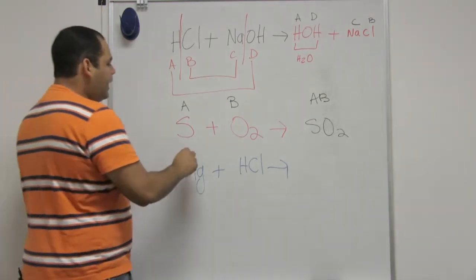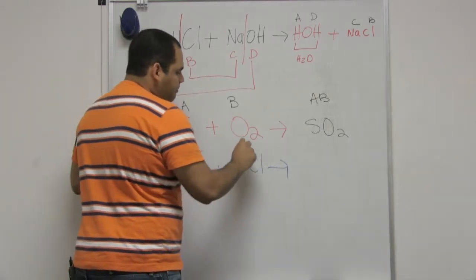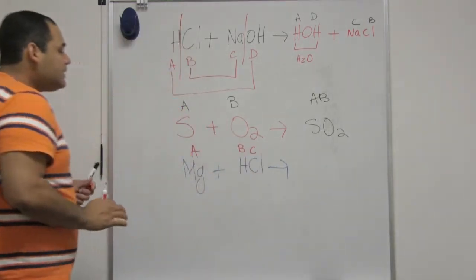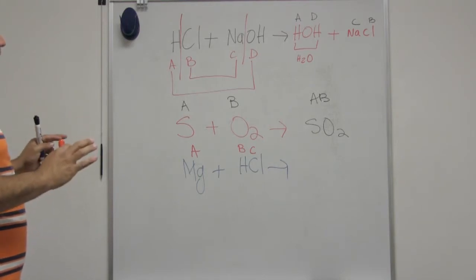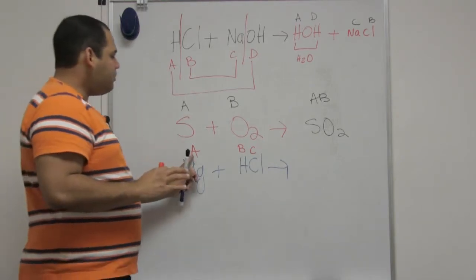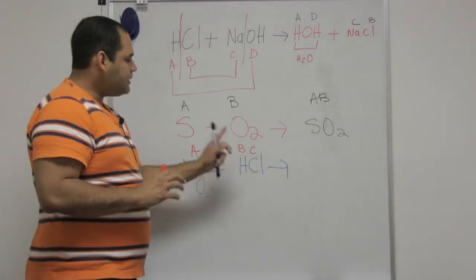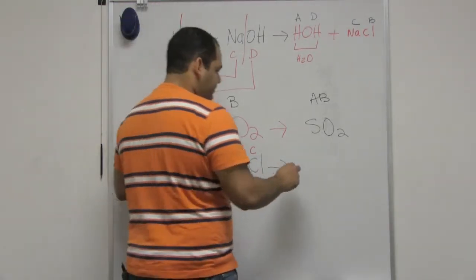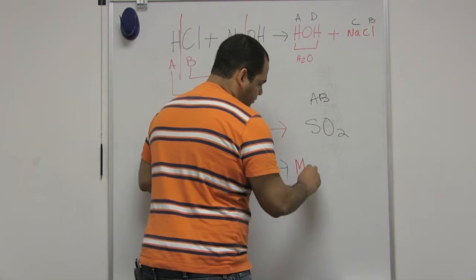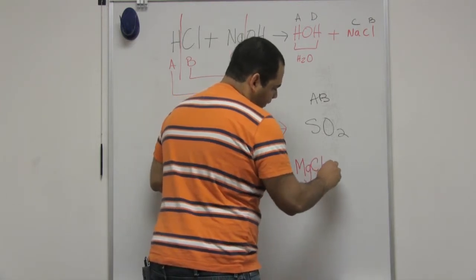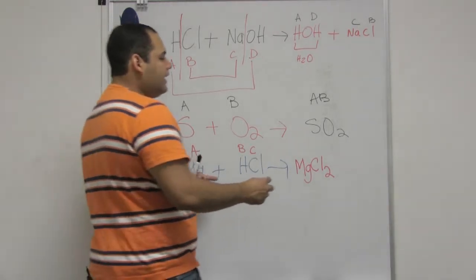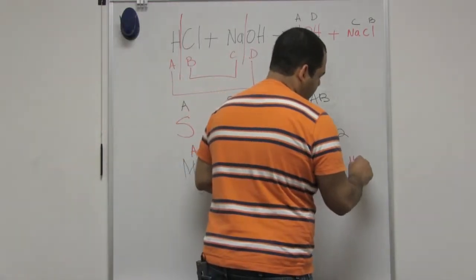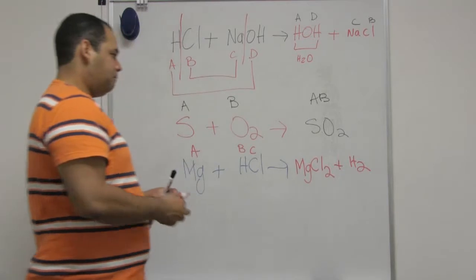So I have A plus BC. So this is a single replacement. In the single replacement, the A combined with the C and the B stays by itself. So I have as my final product A combining with C and B staying by itself.